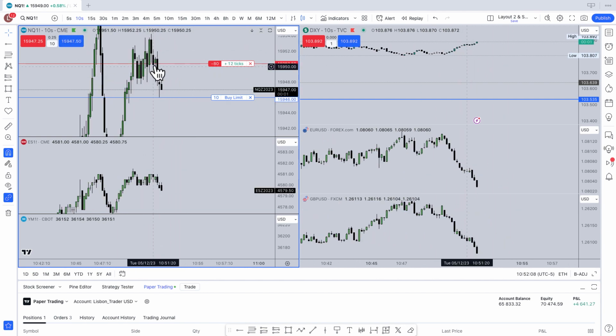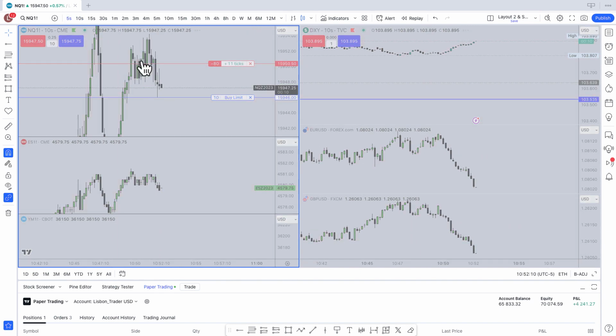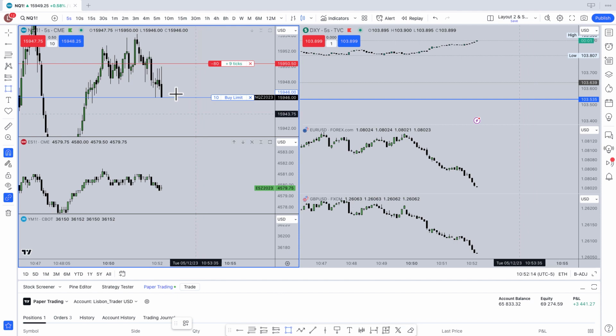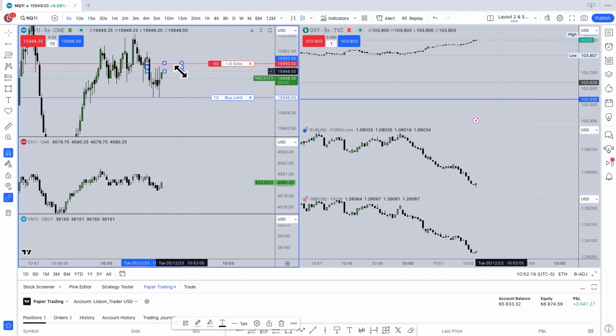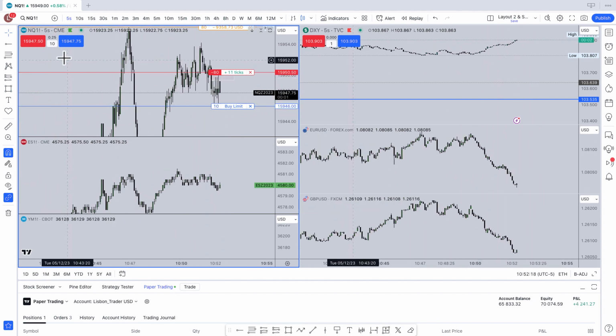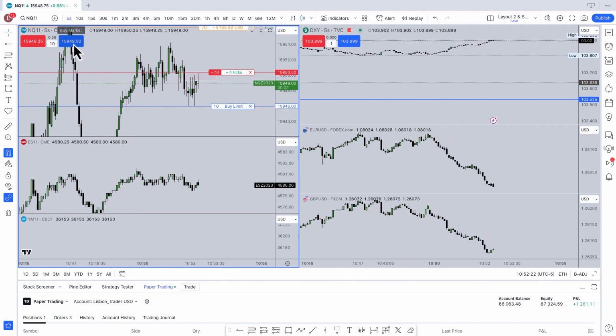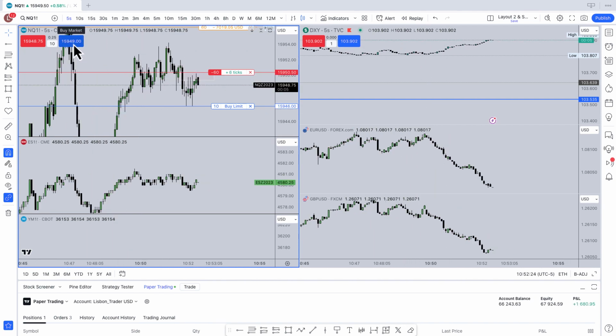So it came back, filled some lower level. So this fair value gap there on a 5-second. And still resisting.